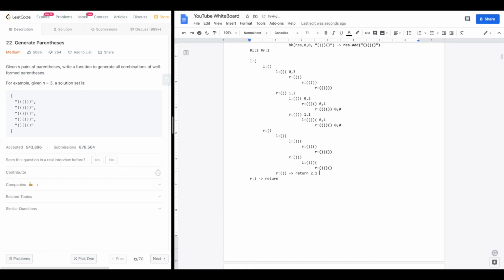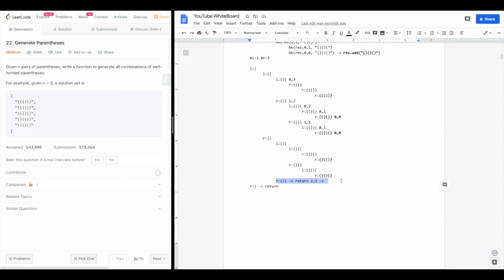Over here, it apparently violates the rule we mentioned before, right? If the remaining number of left parentheses is bigger than the right, this means it cannot be well-formed parentheses, so we just simply return.